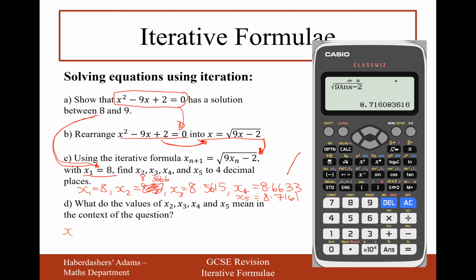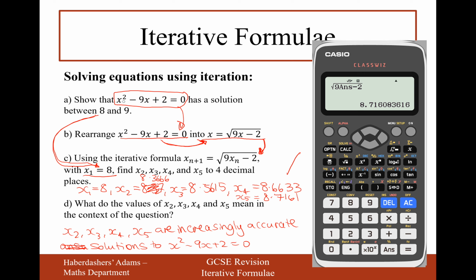So x2, x3, x4 and x5 are increasingly accurate answers, or solutions rather, to x squared minus 9x plus 2 equals 0.